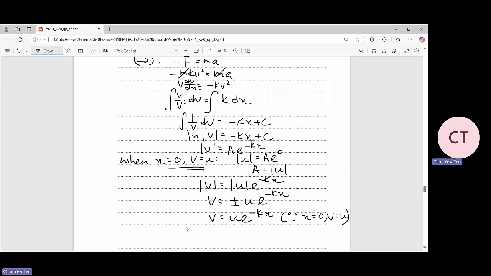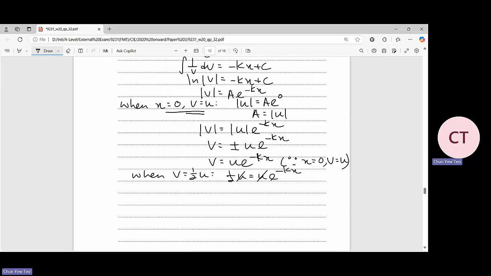So now we are looking for x when V is equal to half of U. So you get half U is equal to U e power negative kx. Cancel the U. So you get ln half is equal to negative kx.